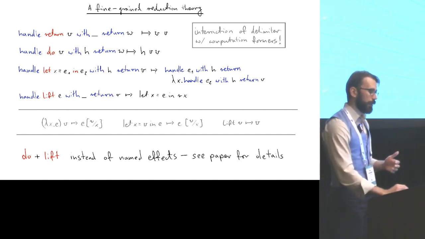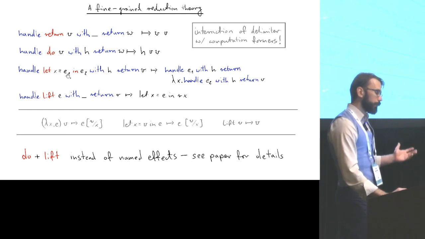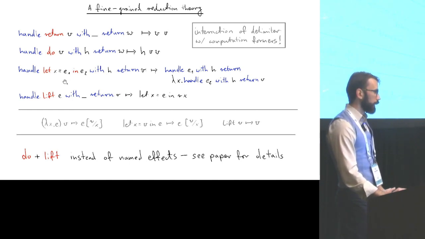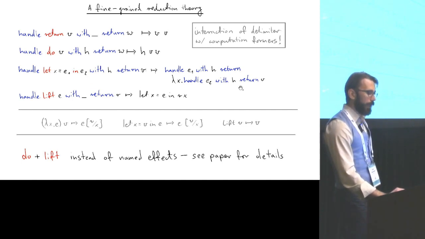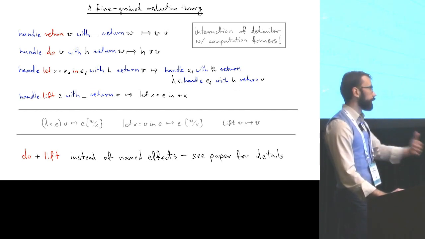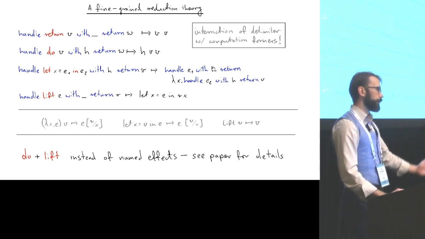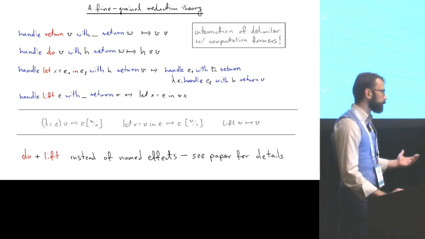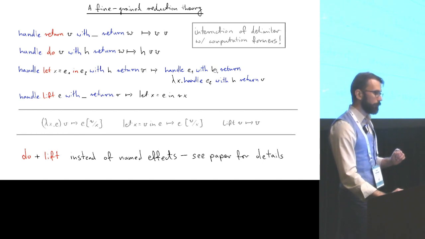Because no matter whether the operation appears in E1 or E2, it will be handled by the same handler. See here, the H, the body of the handler, what says how the operation will be interpreted, is repeated. So both will be interpreted in the same way.